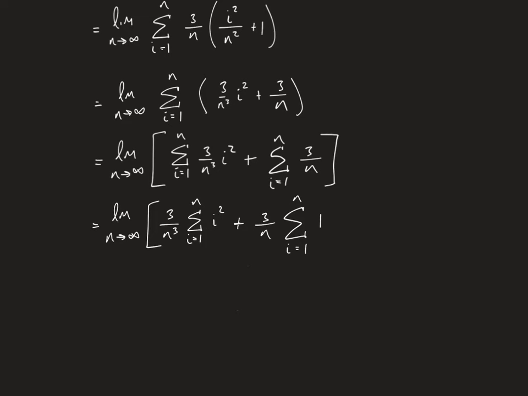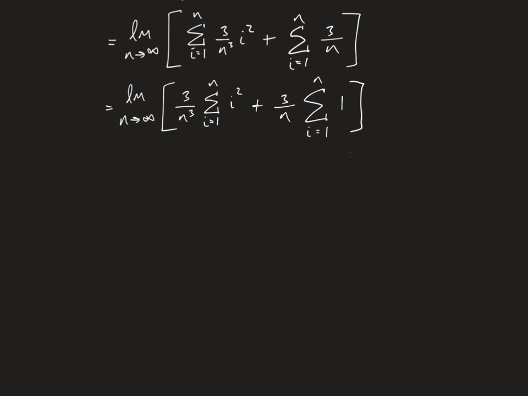And one of those is going to be pretty easy to deal with. The other one we can deal with too because we have some theorems that help us do this. So again, I haven't really even touched that limit yet. I'm going to try to deal with that limit last. So I have the limit as n approaches infinity of, and we have 3 over n cubed. We also know what this sum is going to converge to.